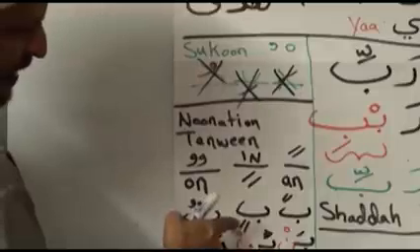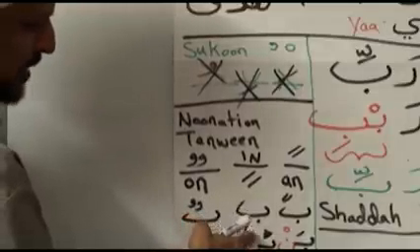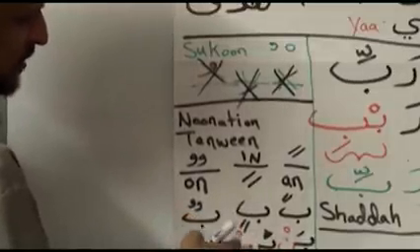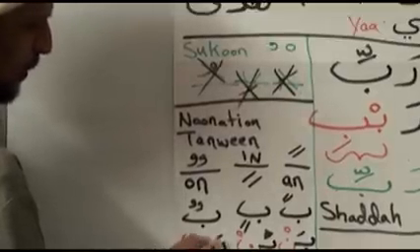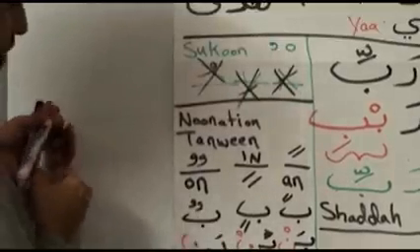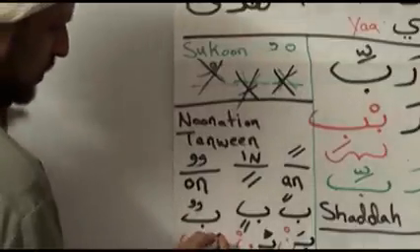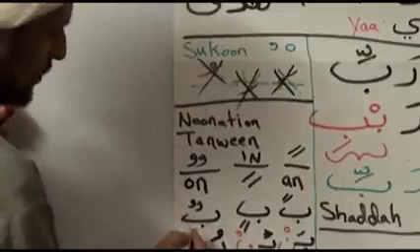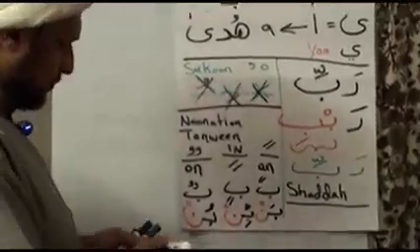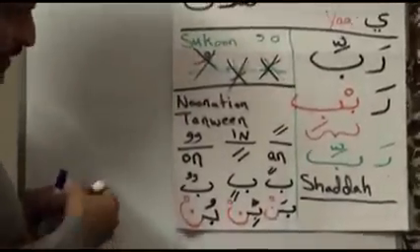So the other sign, there are two e sounds. One e sound is B, another e sound is the hidden noon. Bun, again, let's make it a damma. Bun. Let me use the green.